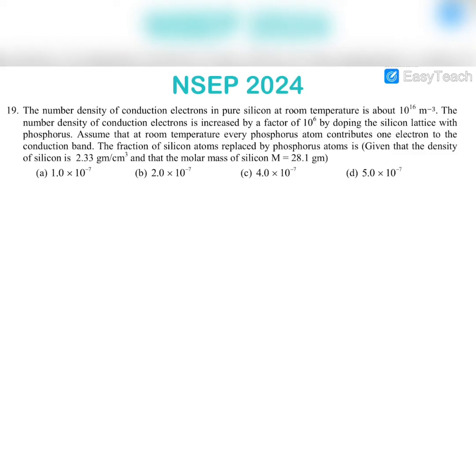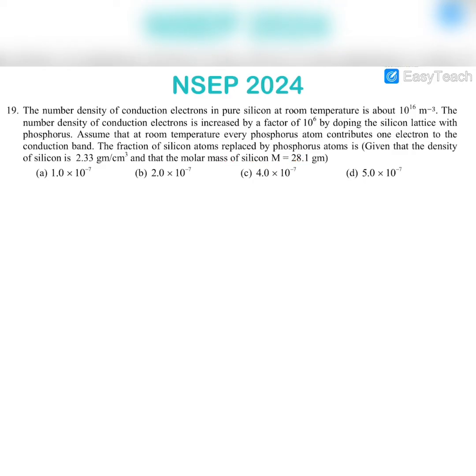Now assume that at room temperature every phosphorus atom contributes 1 electron to the conduction band. Then we have to find out the fraction of silicon atoms replaced by the phosphorus atoms in the crystal. Given that the density of the silicon is this and molar mass of the silicon is 28.1 grams.